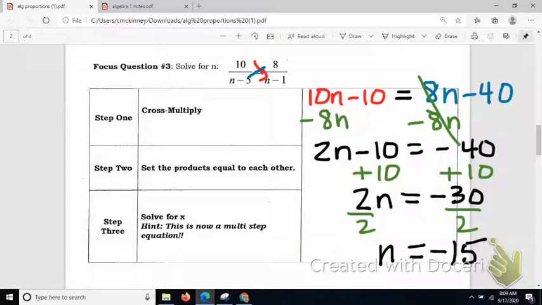Now if I would plug negative 15 into the original proportion, this would become 10 over negative 15 minus 5 would be negative 20, and 8 over negative 15 minus 1 would be 8 over negative 16. And then I could check those cross products to make sure they're the same.